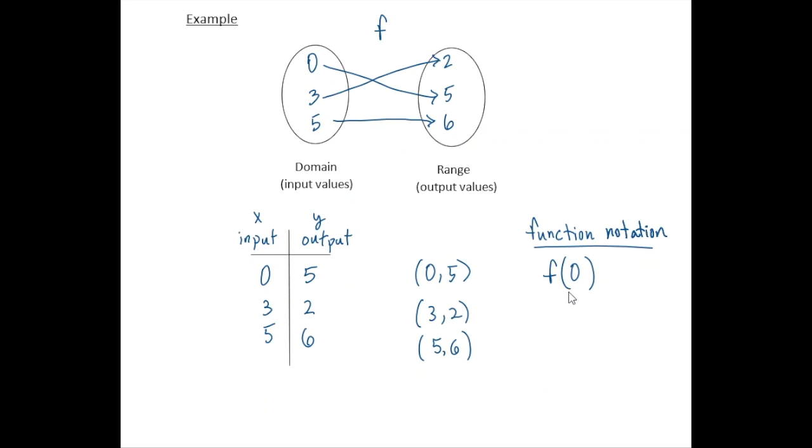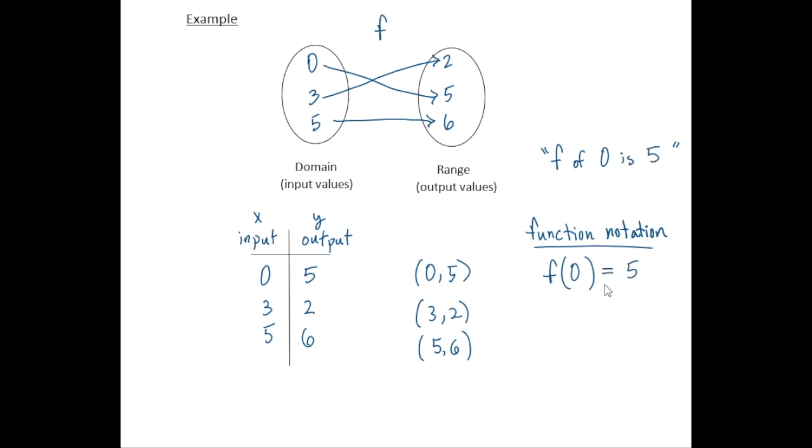In this notation, the parentheses do not mean that we're multiplying. This is not f times 0. This is read as f of 0. And when we say f of 0, we mean the output that f assigns to the input of 0. And we can see here that the output assigned to 0 is 5.